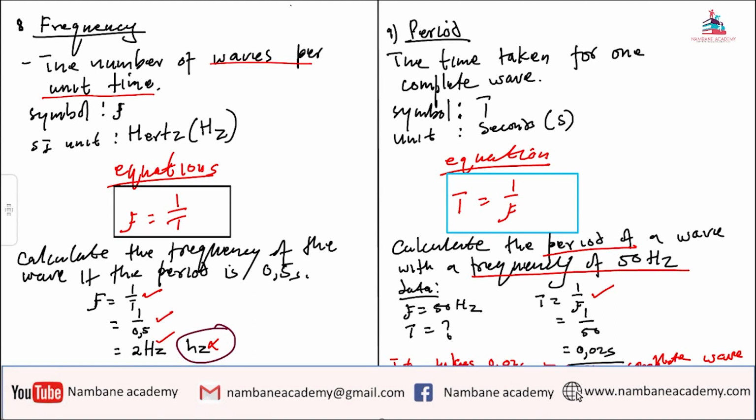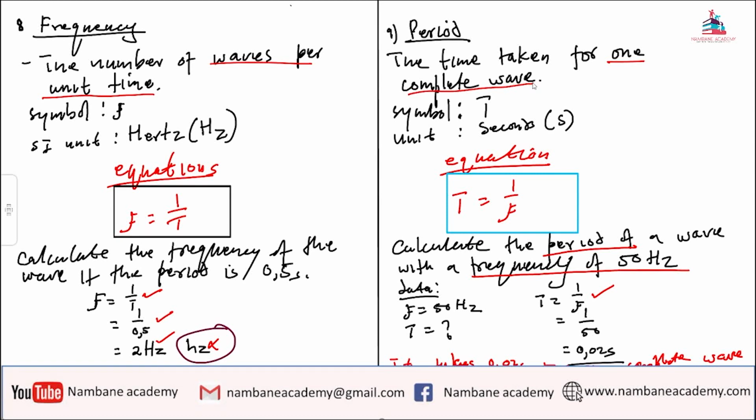The symbol is a small f, and the SI unit is called hertz, Hz, capital letter H, very, very important. The period is defined as the time taken for one complete wave. So it's basically the time taken. Symbol T, SI unit seconds, but we just use a symbol of s there.